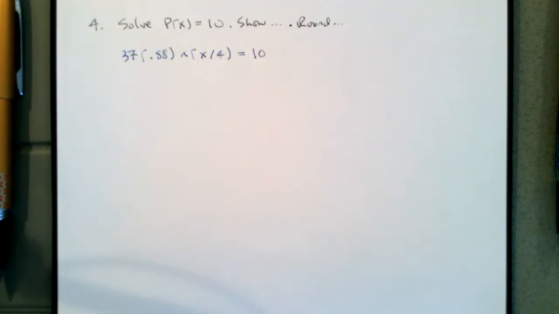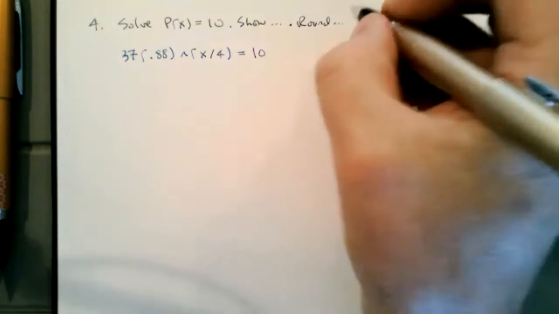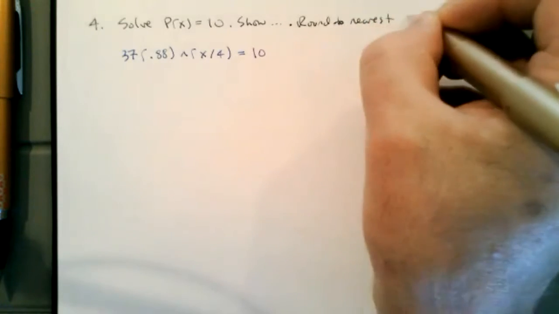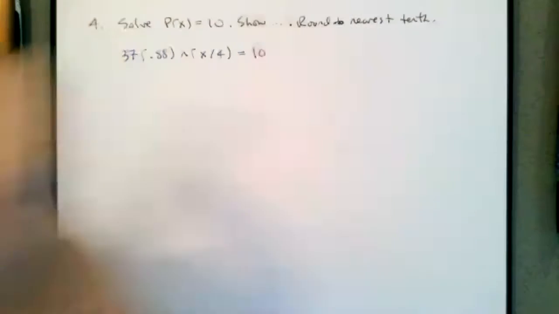We don't have the advantage like we had yesterday of a table of values where we could see where 10 fell in between those values. So we have a few options. We could guess and check like we did yesterday. So let's suppose I said round to the nearest tenth.